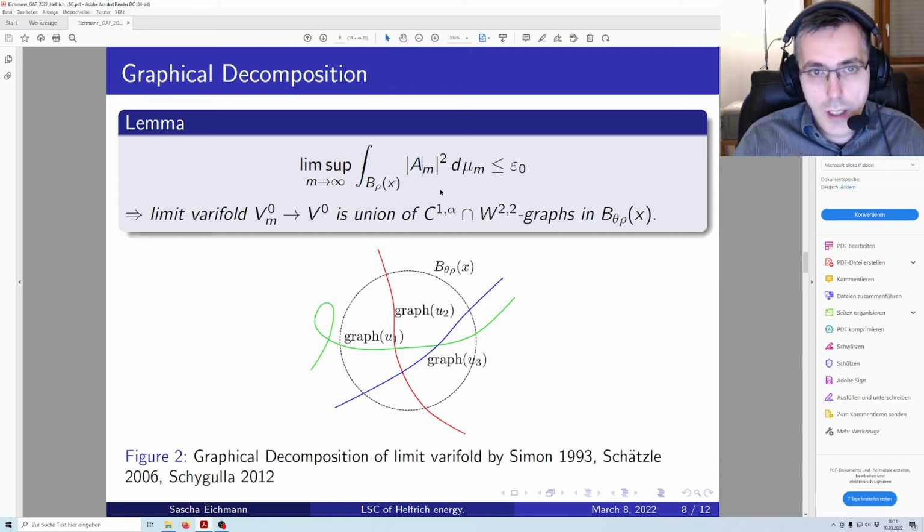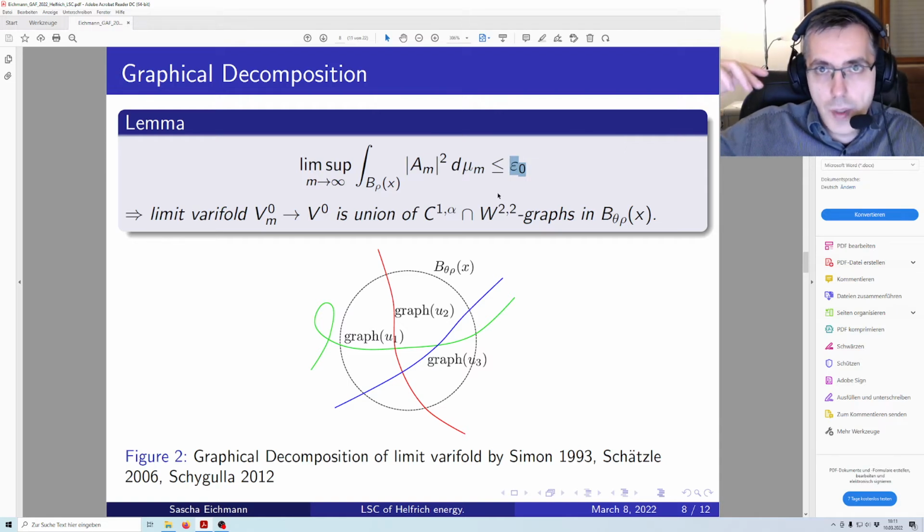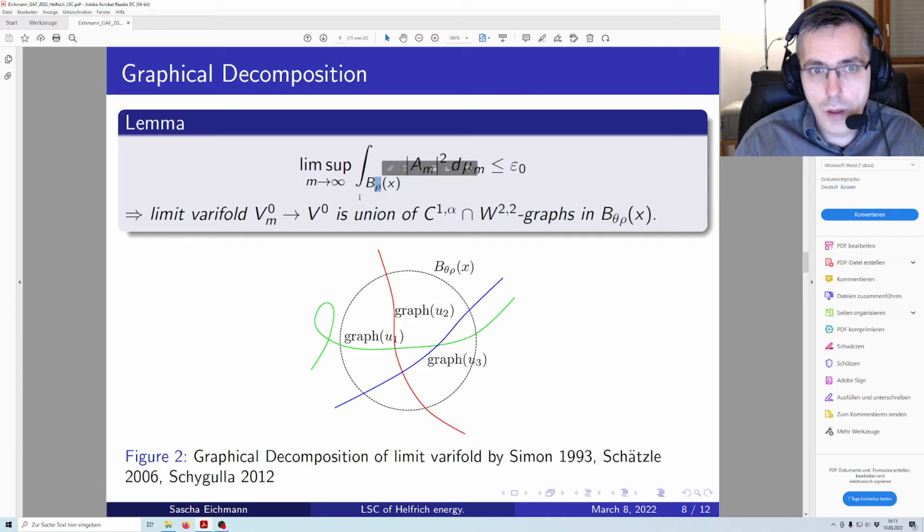And if the L2 norm of these is smaller than epsilon 0, independent of m, essentially, and this epsilon 0 is small but bigger than 0 and fixed, then you can show that the limit varifold, around a fixed point x, so you're allowed to choose this rho to be small, is a union of finitely many C1 alpha graphs around this fixed point x, with some smaller radius.